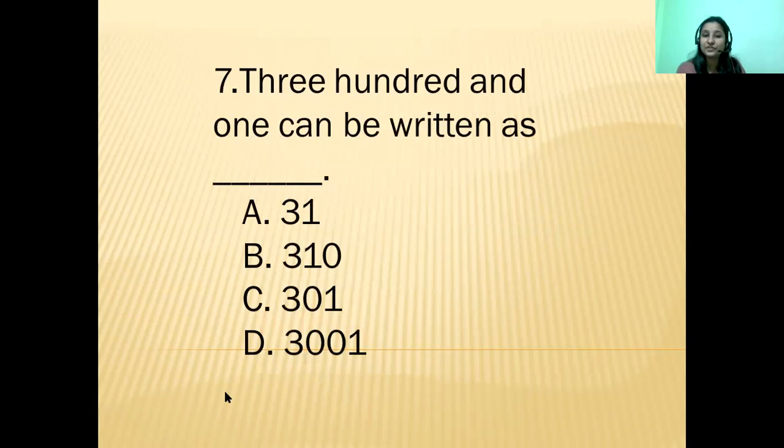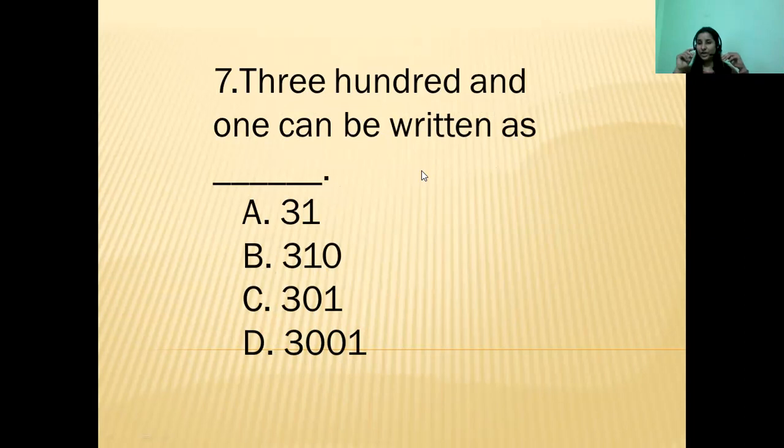301 can be written as option A, 31, option B, 310, option C, 301, and the option D is 3001. 301 can be written as. And what do you think?